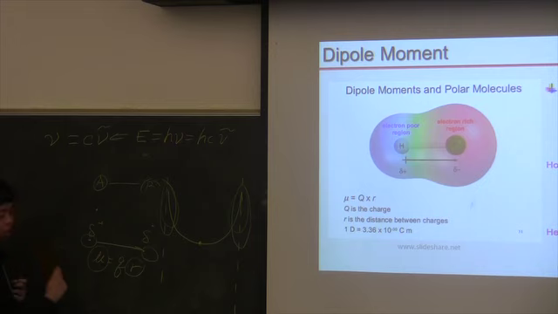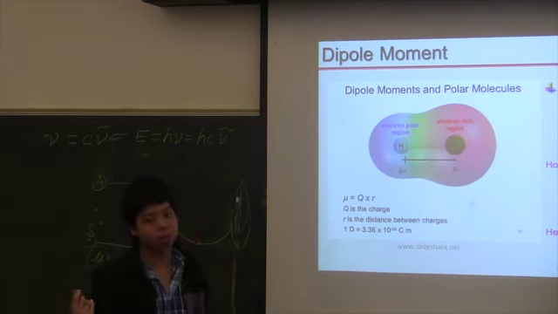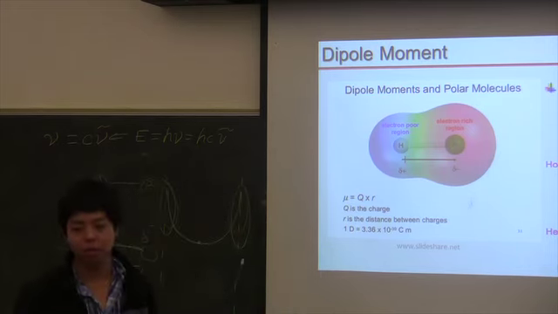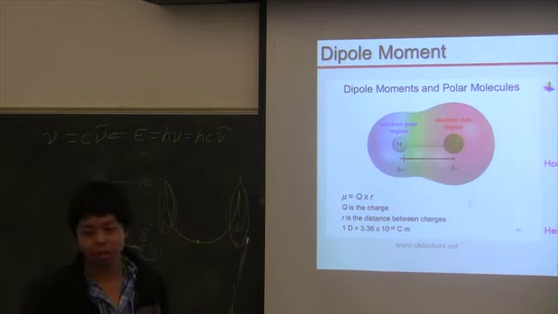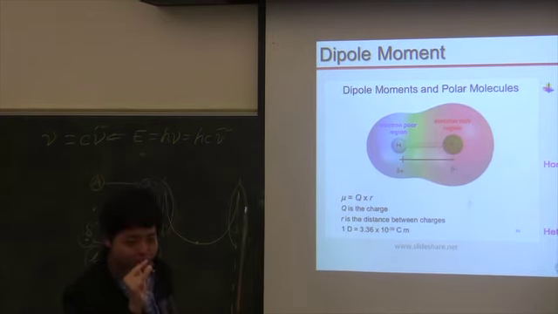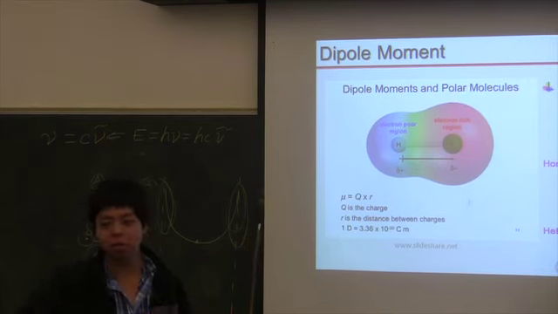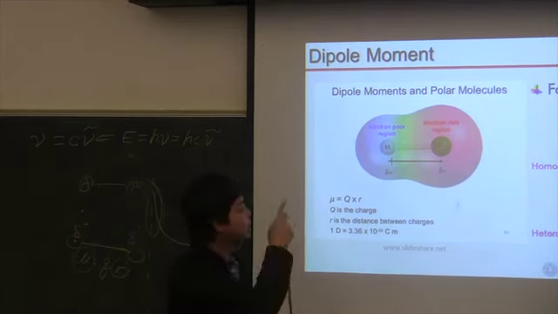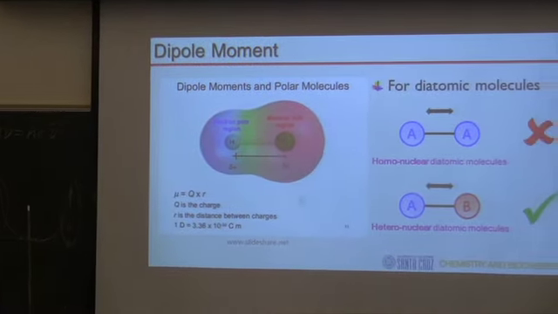Once the distance changes, the dipole moment will change. So then you will be able to observe the absorption or emission from the changing vibrational state, and you can observe the peak in the spectroscopy. Otherwise, it will give you no peaks, or just pretty tiny peaks, and sometimes below the resolution, immersed in all the noise. Okay, clear about this? So for a homonuclear diatomic molecule, you will not be able to detect its vibrational transition.